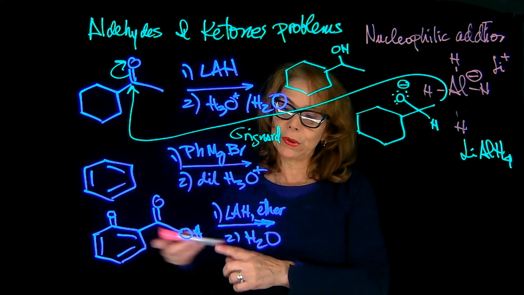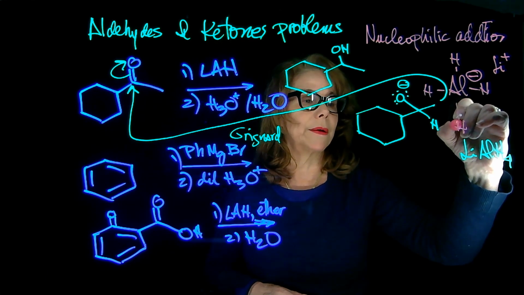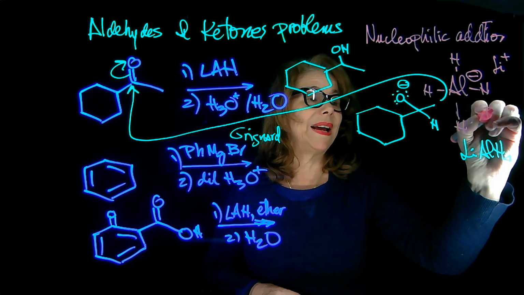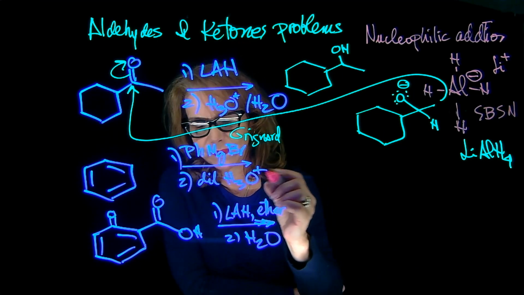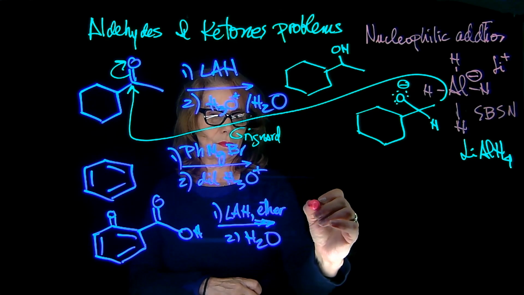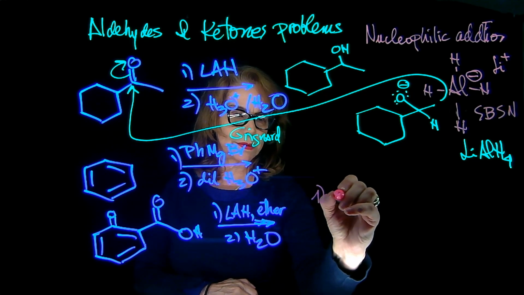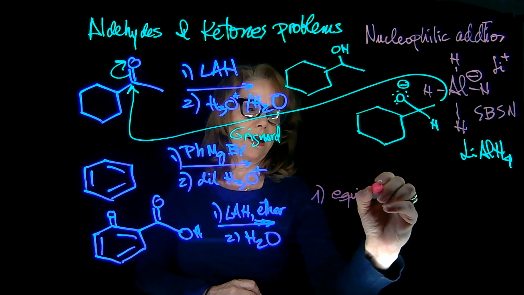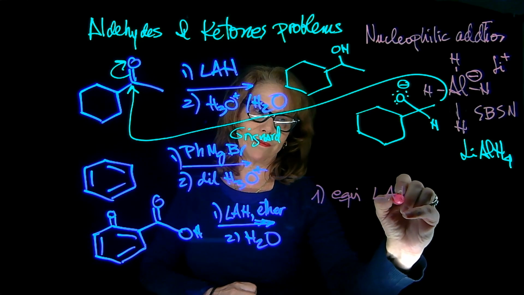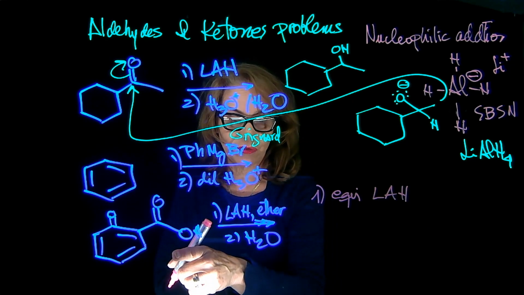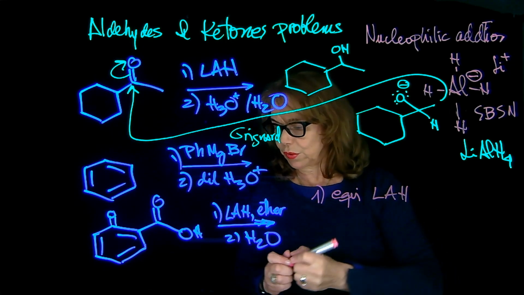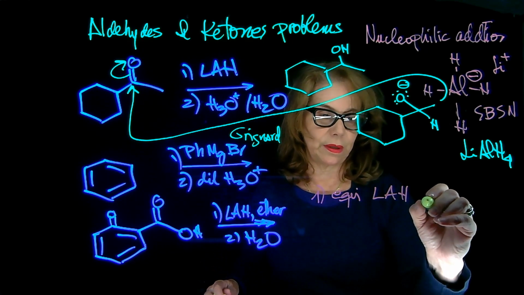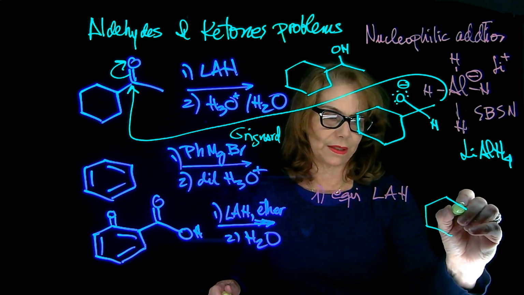That's a good point, because lithium aluminum hydride is a strong base, also a strong nucleophile. So if you have one equivalent of lithium aluminum hydride, what you're going to see is just the acid-base reaction. Your product is going to be simply the conjugate base of the carboxylic acid.